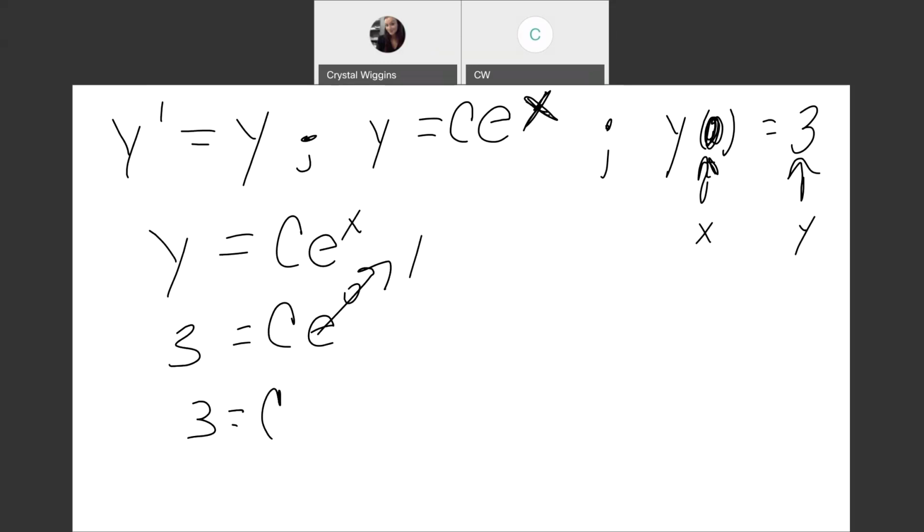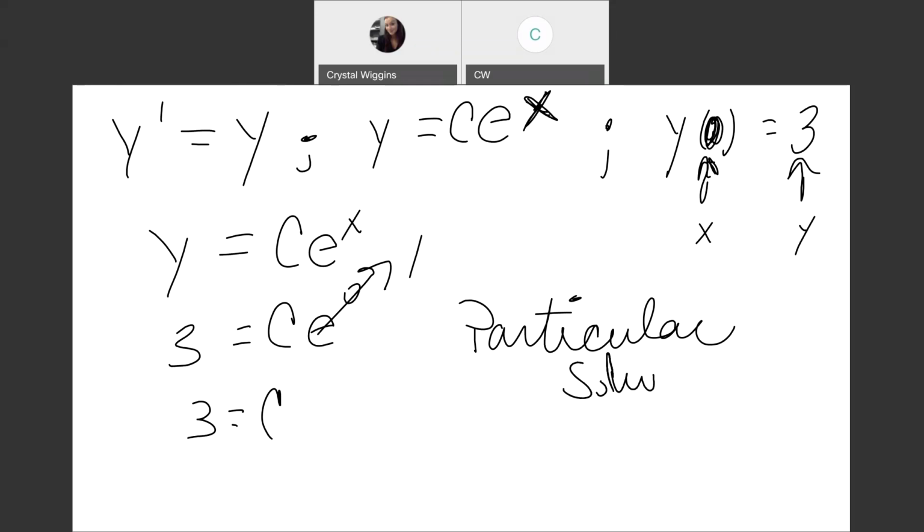That gives us the particular solution to be y equals 3e to the x. That is the particular solution for this initial value problem. Now the next example.